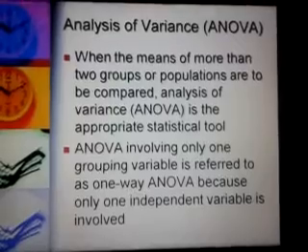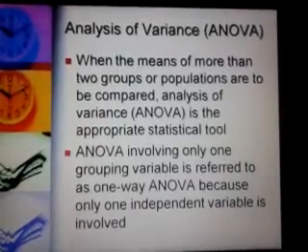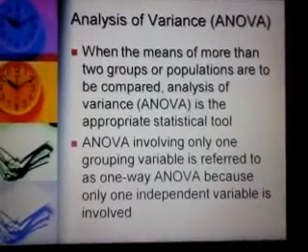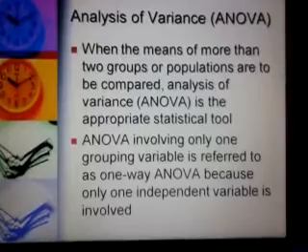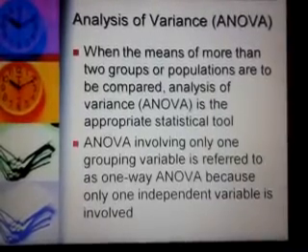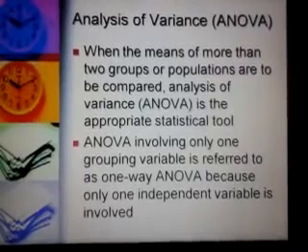ANOVA involving only one grouping variable is referred to as one-way ANOVA because only one independent variable is involved. In this example, we are taking one independent variable and one dependent variable. The independent variable is promotion and the dependent variable is sales.